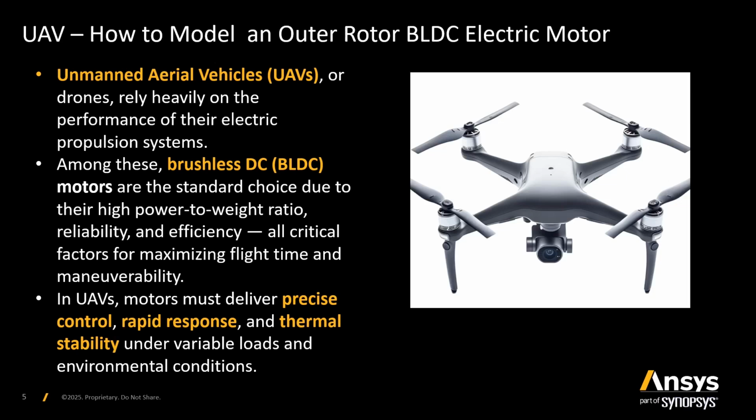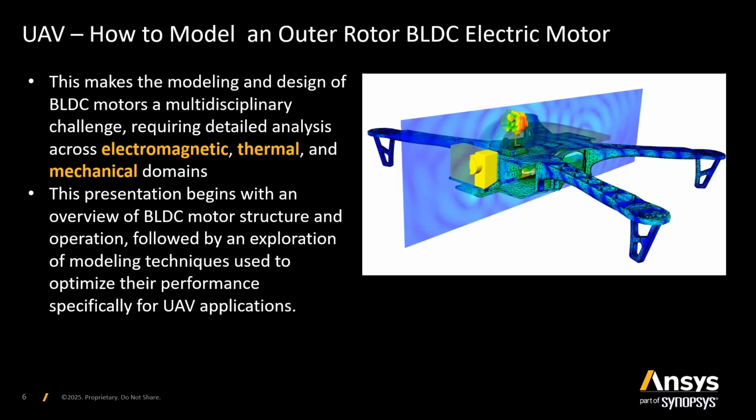The motors must deliver precise control, rapid response, and thermal stability for this type of application. Obviously, this makes the modeling and design of brushless DC motors for UAVs a multidisciplinary challenge.